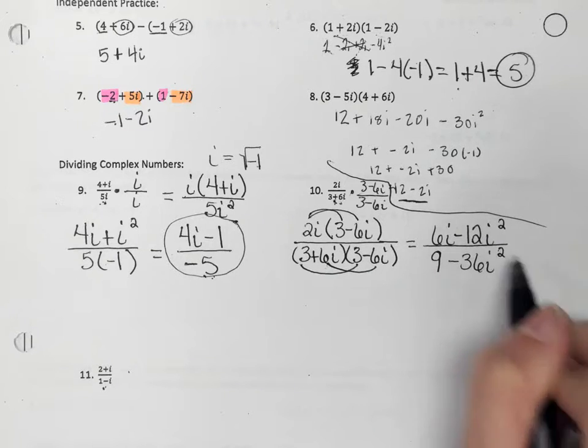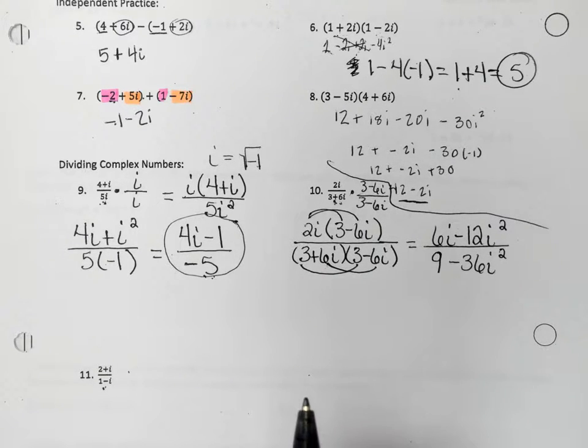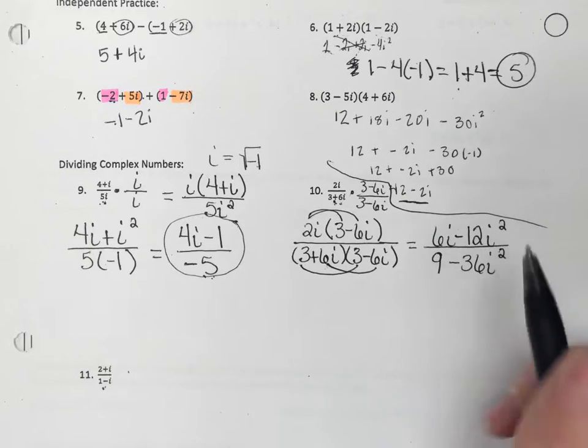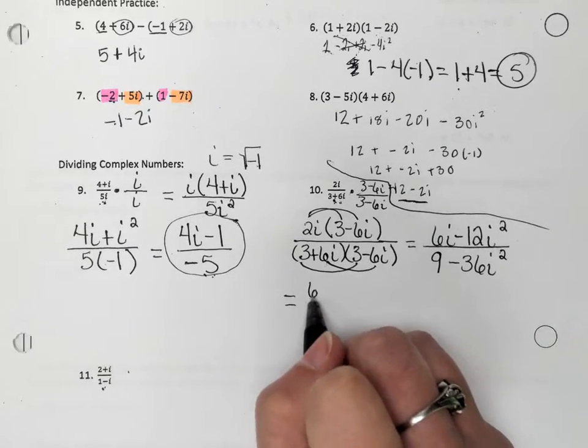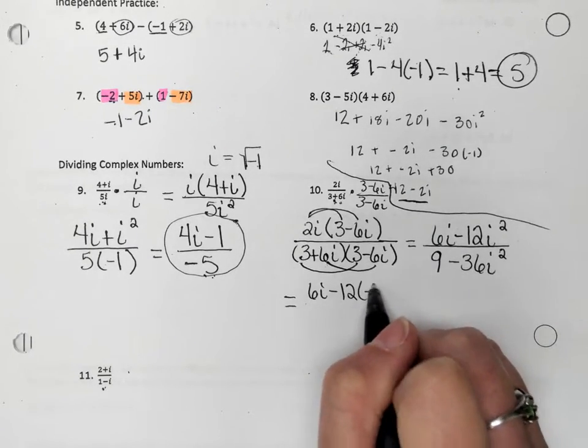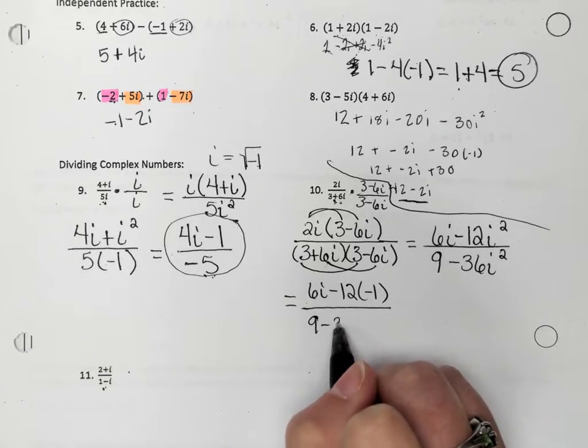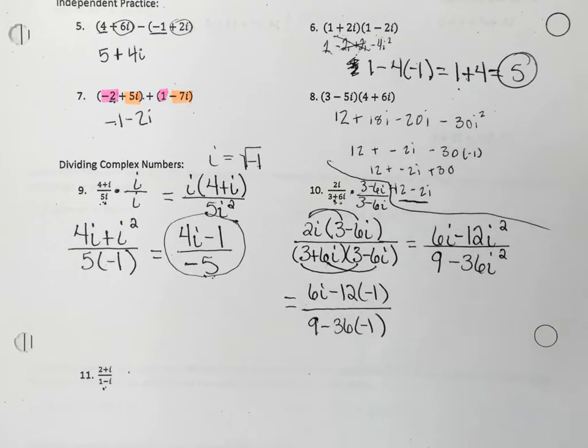Is it wrong to FOIL the whole thing? No. But every single time, the outer and the inner is going to cancel out. All right, so what's i squared? Negative 1. So I got 6i minus 12 times negative 1 on the top. And I got 9 minus 36 times negative 1 on the bottom.